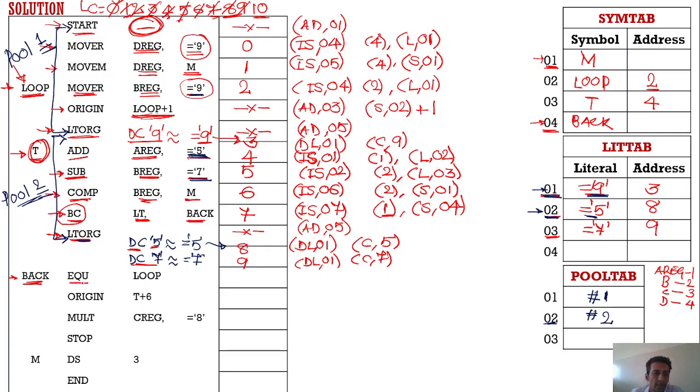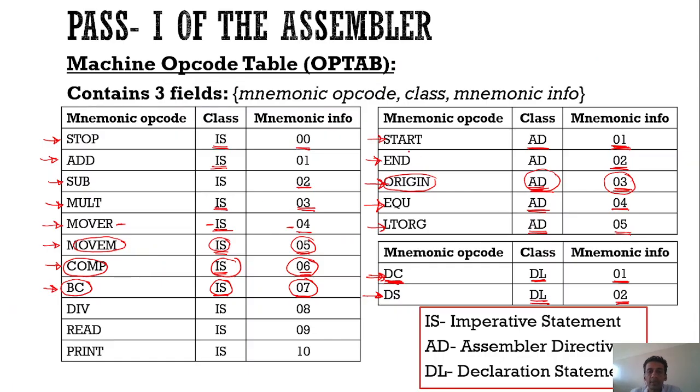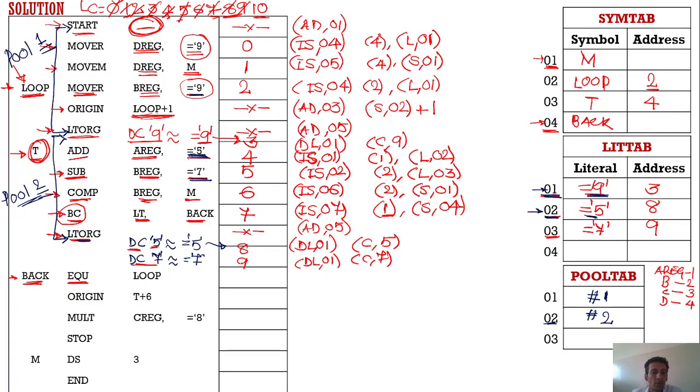Let us consider the type of instruction. This instruction is EQU. If you refer to the table, you will get to know that EQU falls under the assembler directive class. For assembler directives, we do not perform LC processing. But how to allocate an address to BACK?